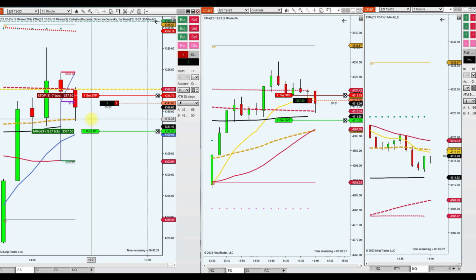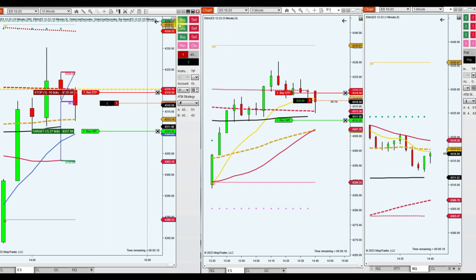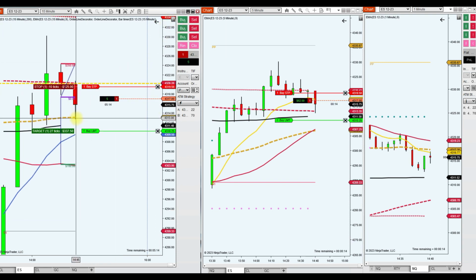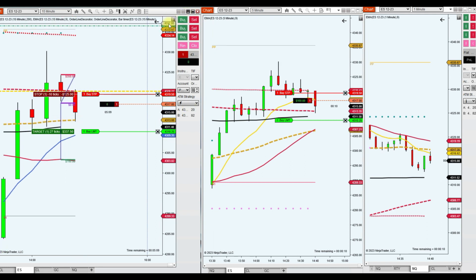I guess I really should have gotten out here, at this 5-minute gold line. That should have been the first target.